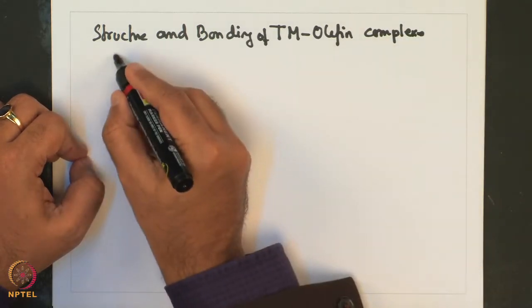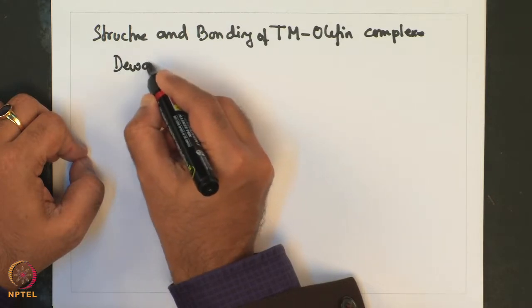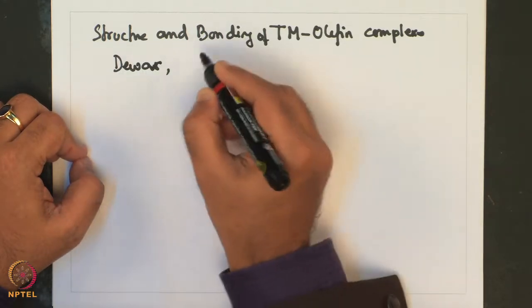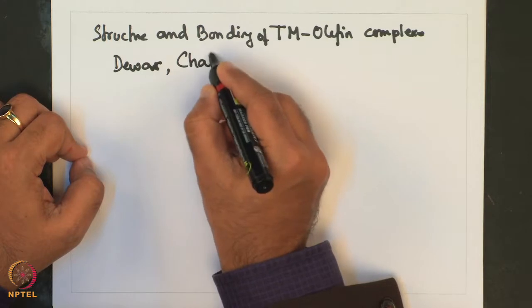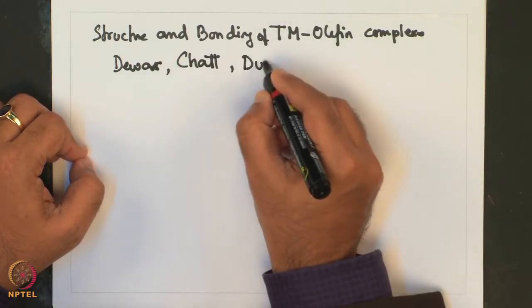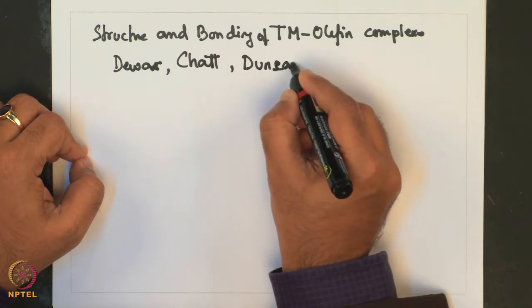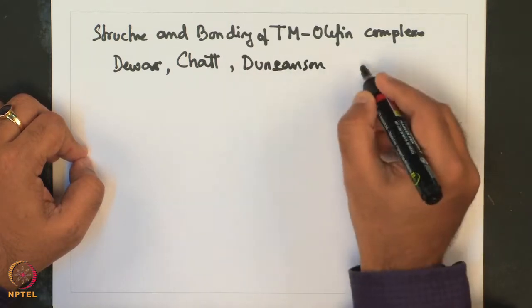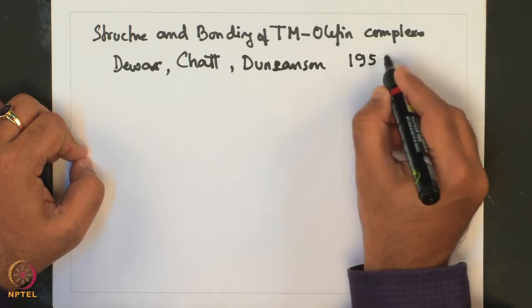Particularly with respect to Dewar, Chatt and Duncanson model, which was developed in 1953.